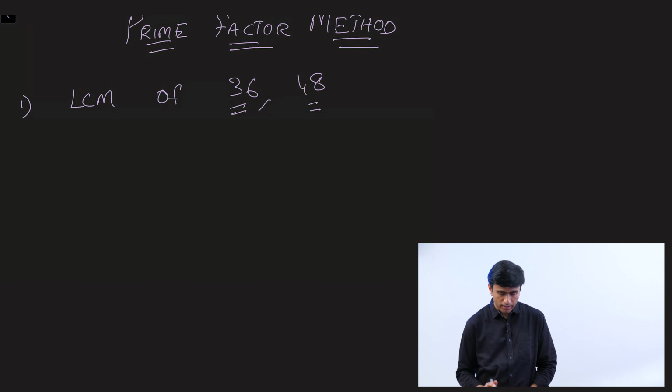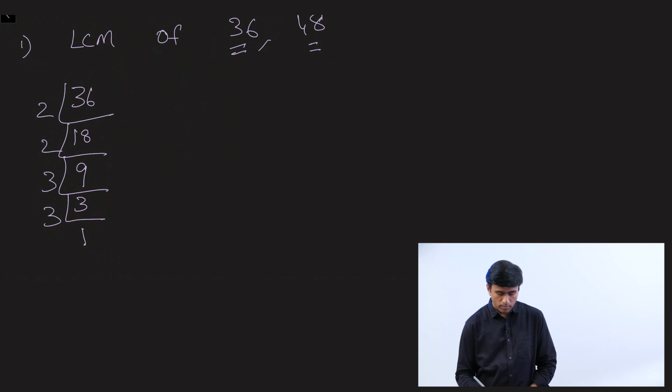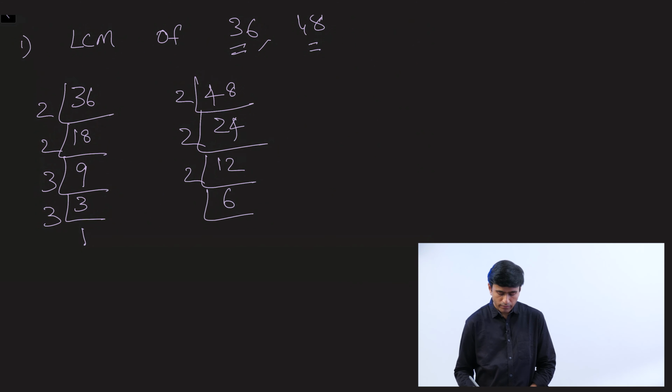Let's look at the prime factors of 36. 2, 18, 2 9s are 18, 3 3s are 9, 3 1s are 3. Prime factors of 48 are 2 24s are 48, 2 12s, 2 6s are 12, 2 3s are 6, 3 1s are 3.